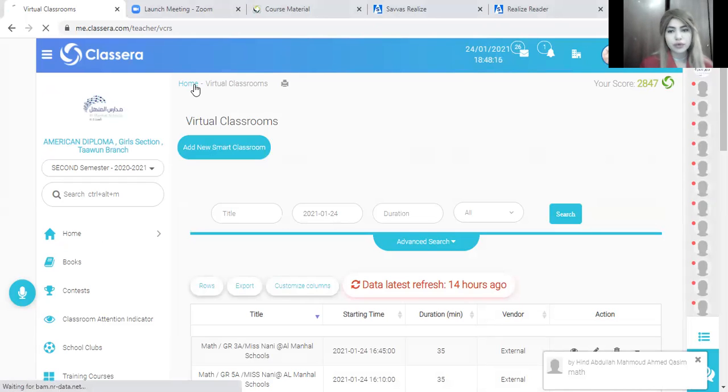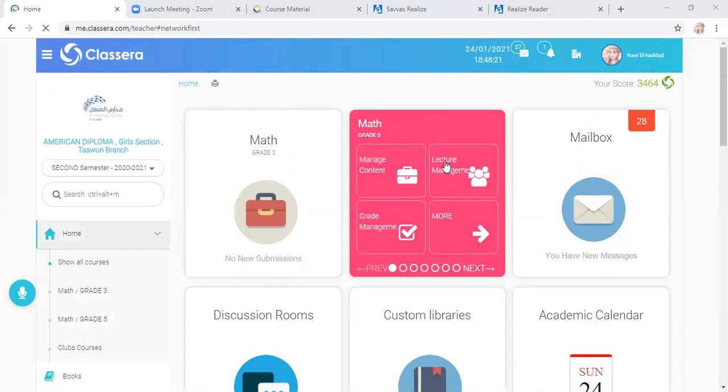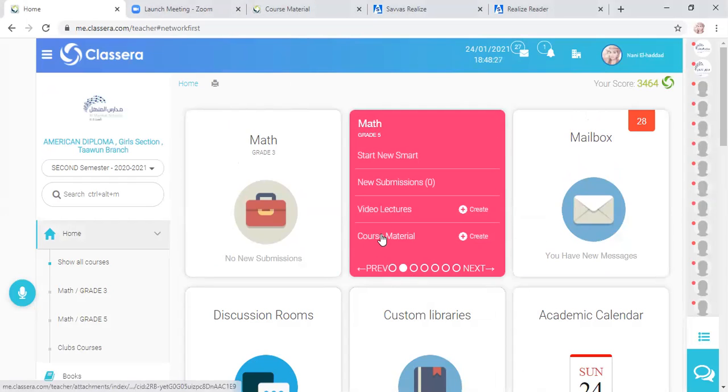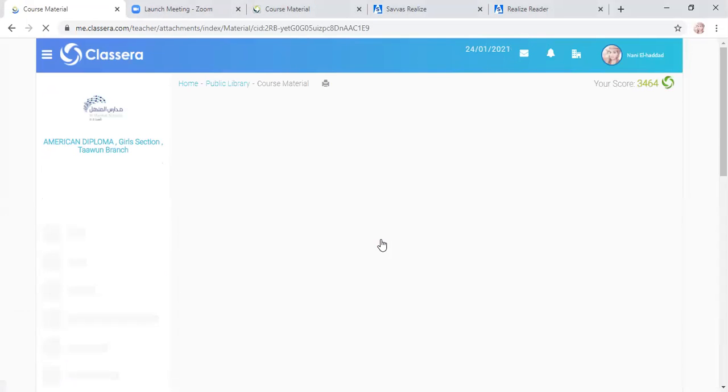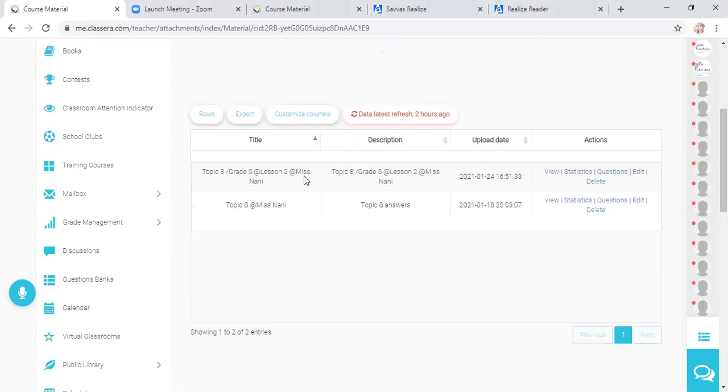You will go to home. Of course, your Classera is different than mine, but it's okay. So you will go to home here. And in the second circle, when you see math, you click here. You will see here course material. When you open your course material, you will find lesson 1 and lesson 2. And also I will put for you lesson 3. Okay, so let's go and see here, lesson 8.1.